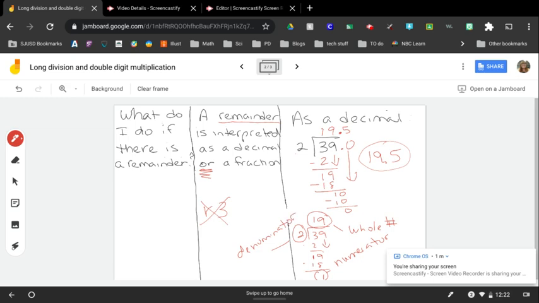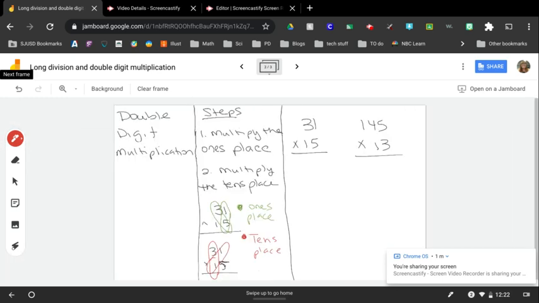So then my answer at that point would be 19. 19 is my whole, 1 is my numerator, 2 is my denominator. So my answer then is 19 and 1/2, which is the same as the decimal here, 19.5.